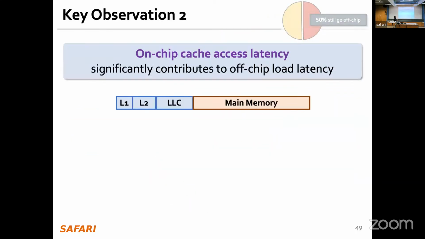Now, if I look into those 50% of the requests that still go off chip, and see how their latency is visible from the core: because they go off chip, prefetching is not useful for those requests. So what happens in that case? If you need to access main memory, your latency looks like this. You access L1 first, then L2, then LLC, then main memory. So the entirety of the latency is exposed to the processor.